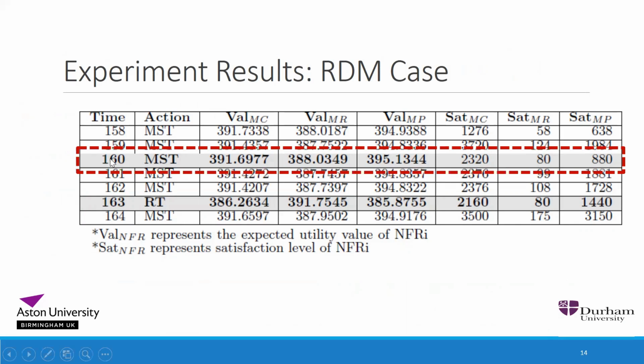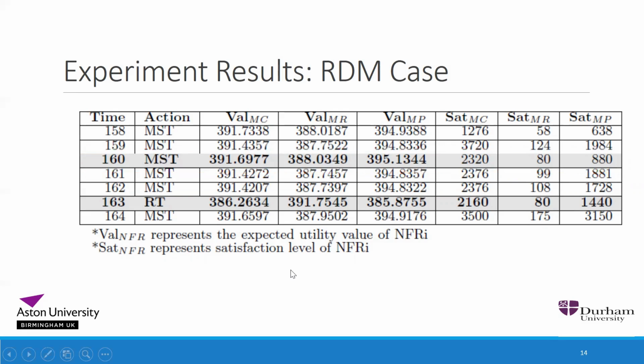For example, at simulation time step 160, the adaptation action of MST is selected based on the expected utility values of individual non-functional requirements, as the expected utility value of minimization of operational cost and maximization of performance is higher than that of the maximization of reliability. So that's why MST is selected.